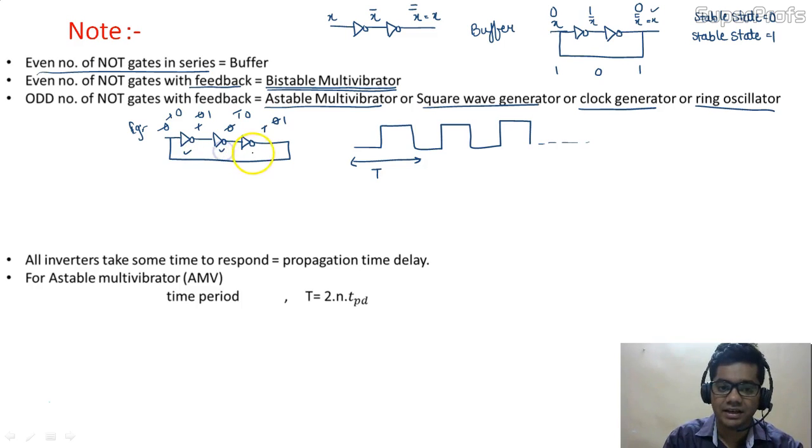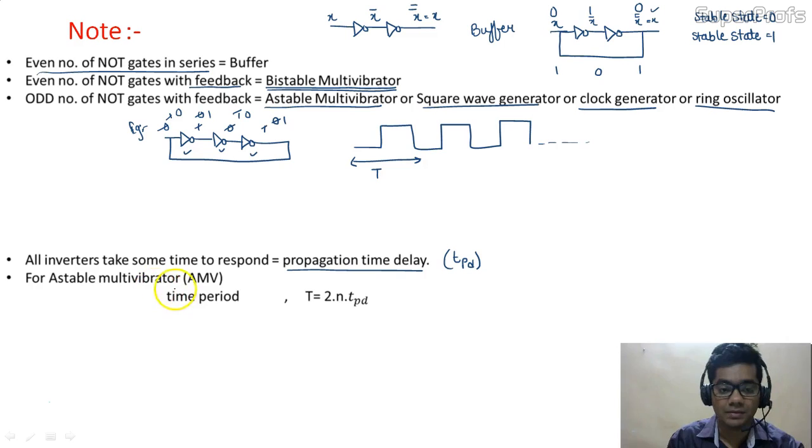In every inverter there would be some delay in giving the output, and the time taken by the NOT gate is known as propagation time delay, which we can represent as TPD.